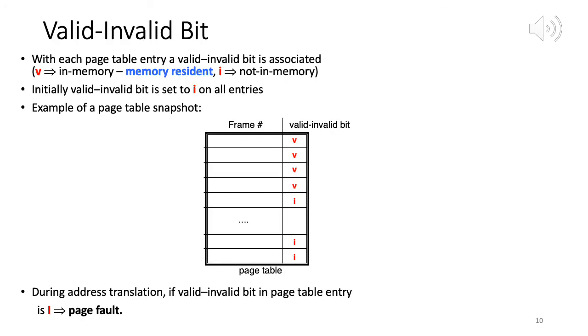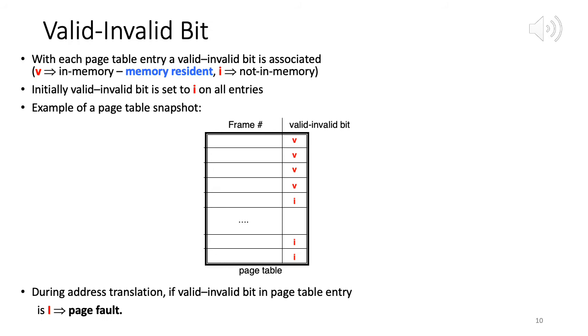Here we are seeing more information about the valid invalid bit. This is slide 10, titled valid and invalid bit. For each page table entry, what does it contain?